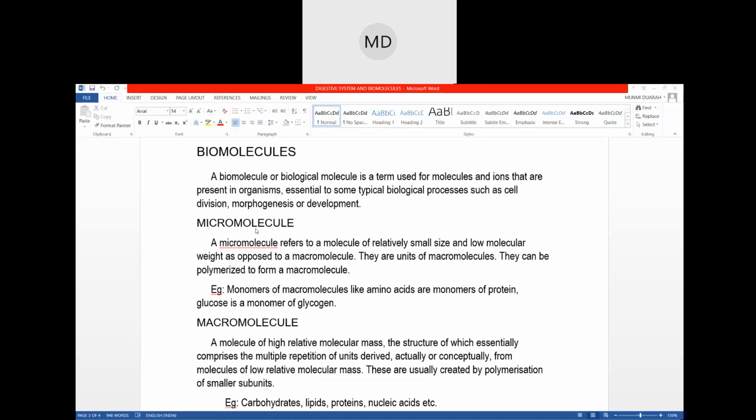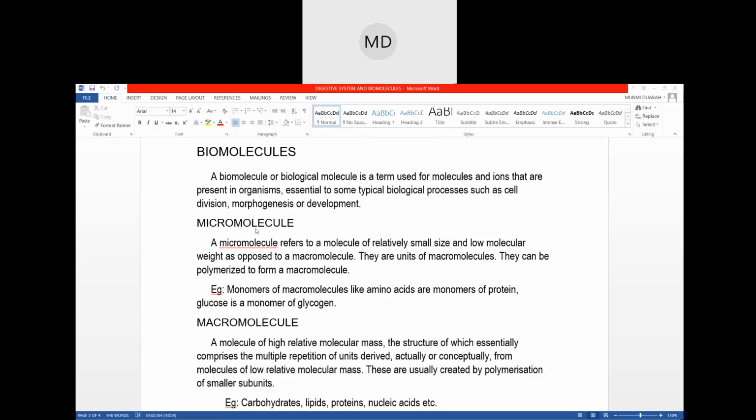What is monomer and polymer? Monomer is a basic unit of polymer.